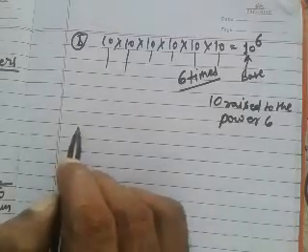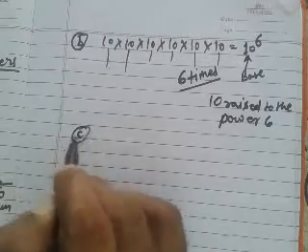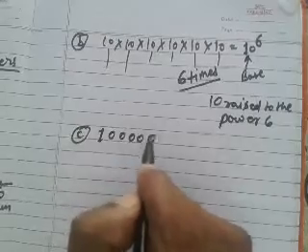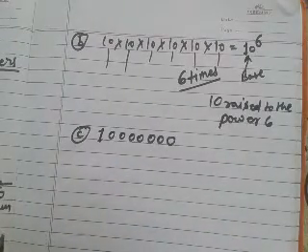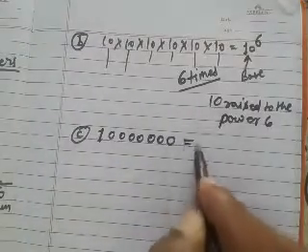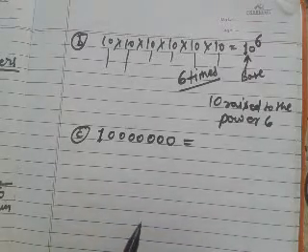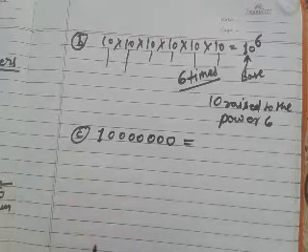Take another example. This time we write a number like this. Write this number in short form, or we can say exponential form.